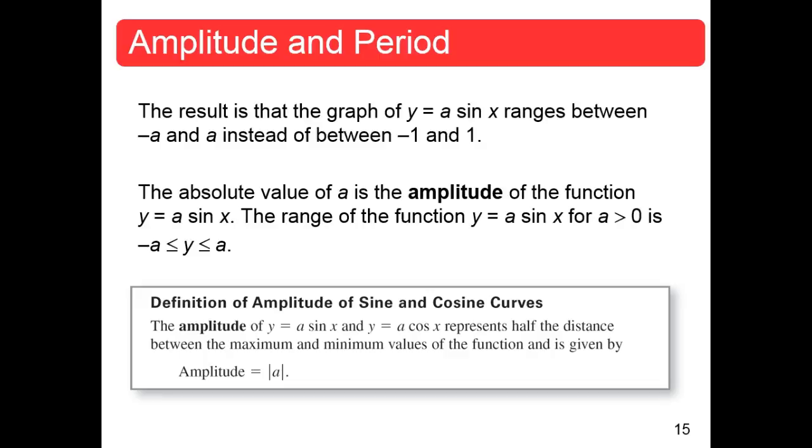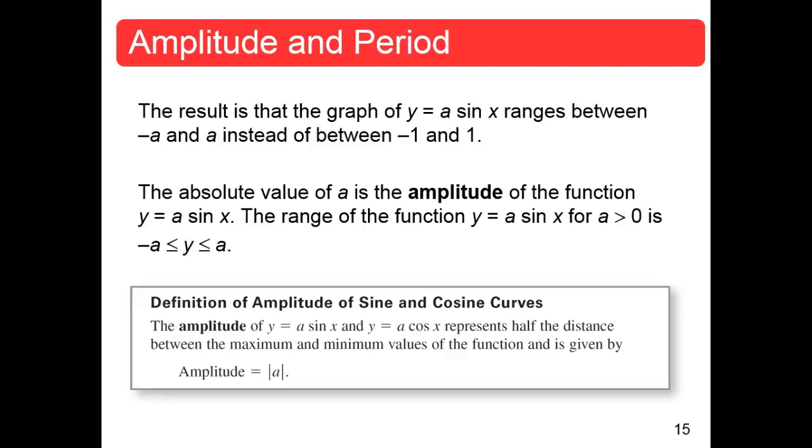Big number, minus 2 to 2. Whatever A is, it goes between plus or minus A. The absolute value of A is what we call the amplitude. How high or low does it go, above or below the equilibrium? So that's what we get.